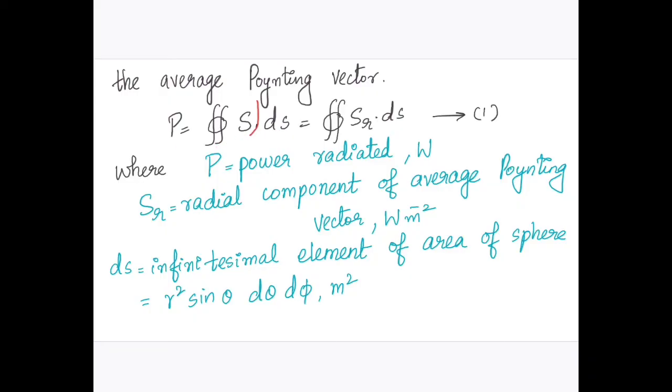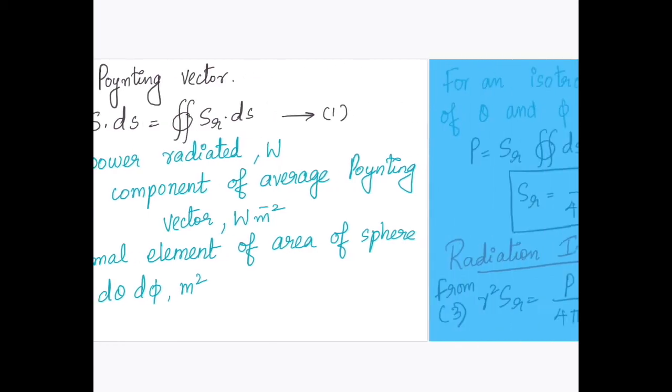Only the radial component is available here, so it can be written as SR into ds. Here P is the power radiated, SR is the radial component of the average Poynting vector, and ds is the infinitesimal element of area of the sphere, which is given by r square sine theta d theta d phi.